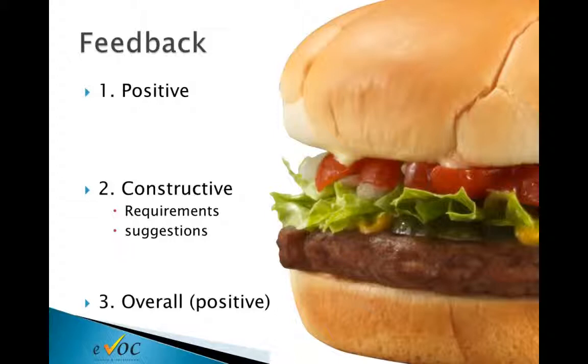I like to think of it like a hamburger. You have a soft, sweet bun on the top, and that's where we're always starting with our positive feedback. Nice and soft and sweet and positive and inviting. Then you get into the meat and the veggies, and this is your constructive phase of your feedback. Now, if they're not yet competent, this is where you would be referring specifically to the performance criterion requirements, the requirements of the unit.